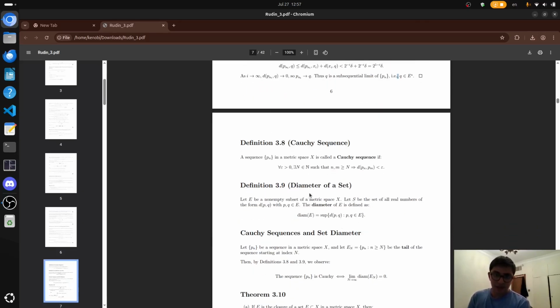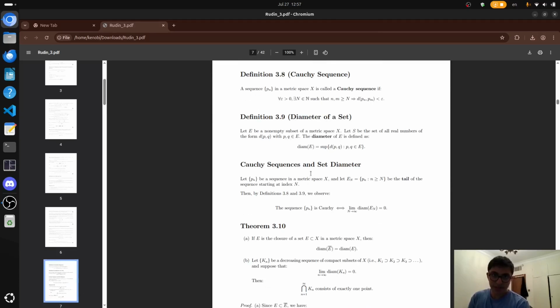Now we have the definition of a Cauchy sequence. A Cauchy sequence is the same thing, but now we're taking the distance between Pn and Pm less than epsilon. So I like to view a Cauchy sequence as maximum pressure on a sequence, because the definition of convergence is that you're taking one fixed point and the sequence itself.